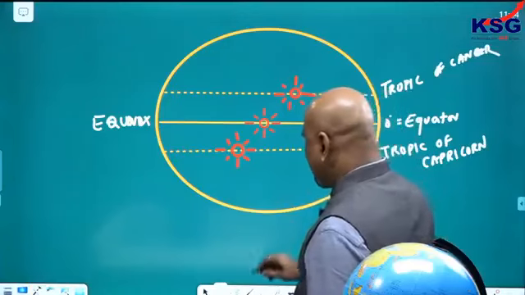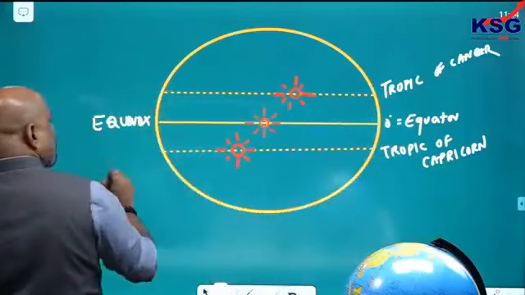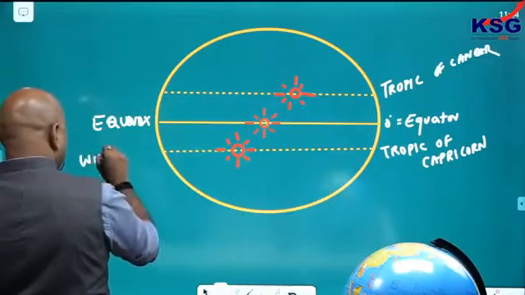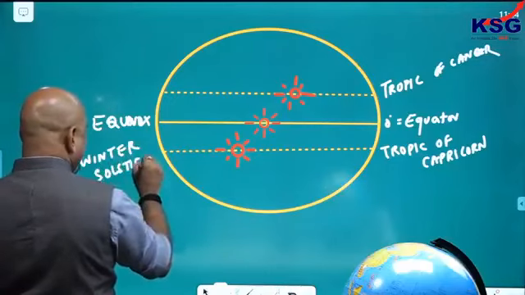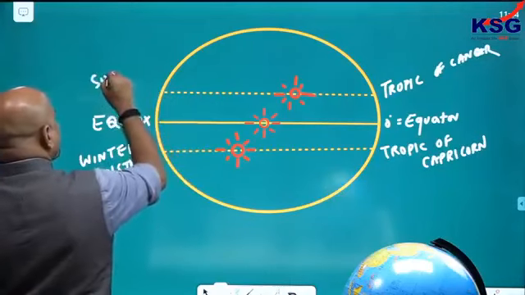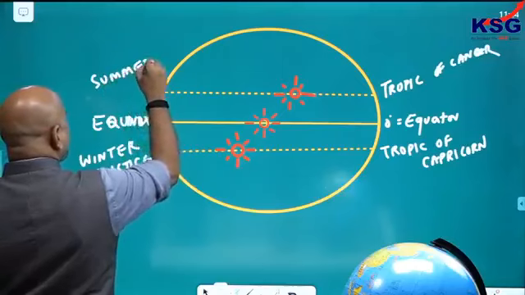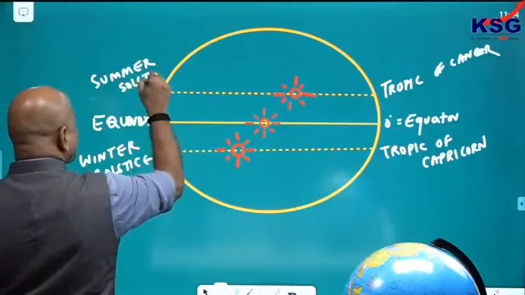If the sun is here, it is known as winter solstice. If it is here, it is known as summer solstice.